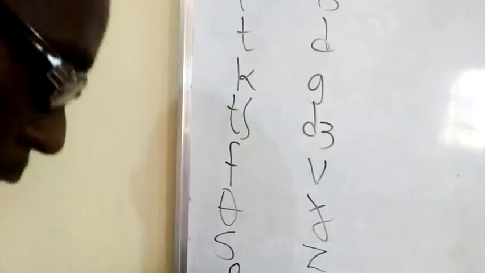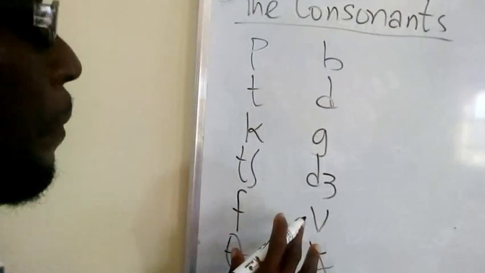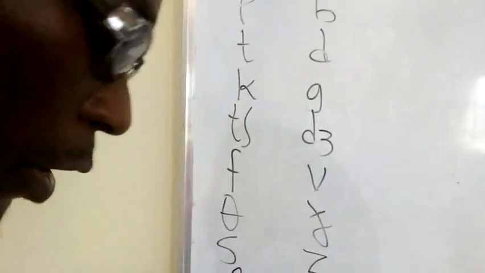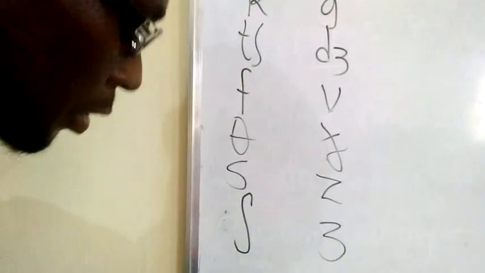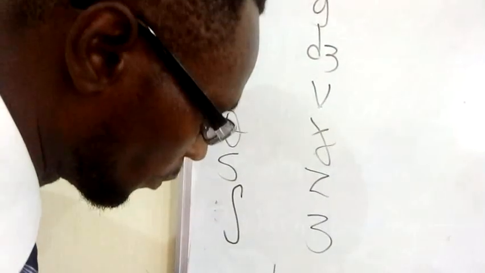So this one is skinny. Now we've established the pairs. So we're going to start with the single ones. Now put the single ones in the middle. Let's continue here.